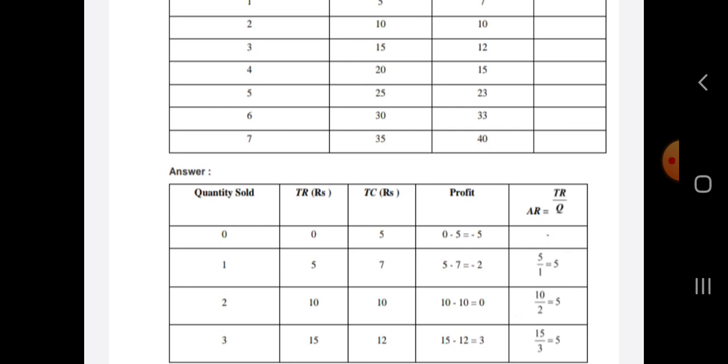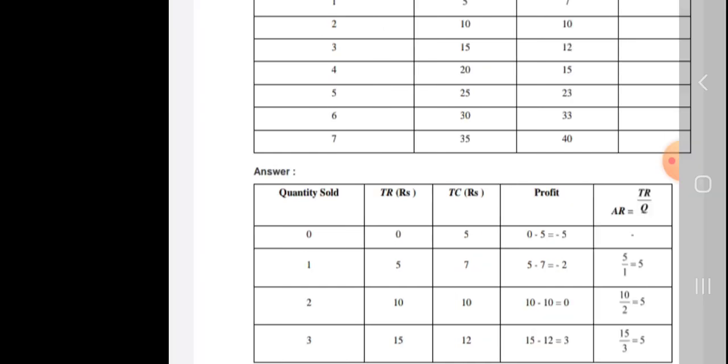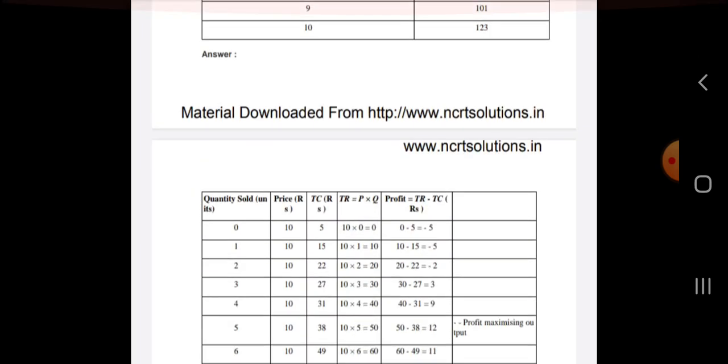Next you have to write TR, and next TC. Now you have to subtract TC from TR to find the profit, and then you have to divide by the quantity, how much your product is. See here, 5 minus 7 is minus 2 profit, and 5 by 1 is equal to 5, so AR is equal to TR by Q.